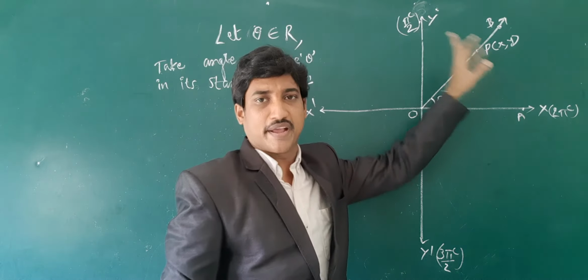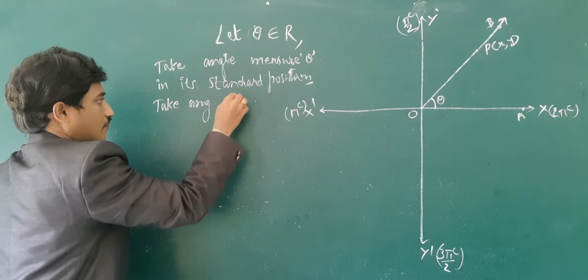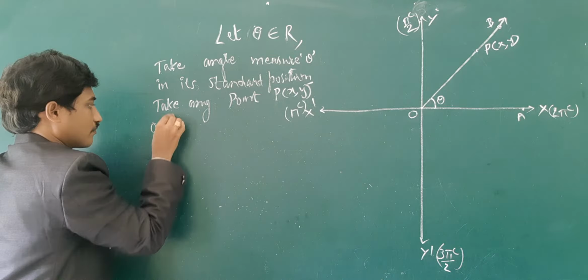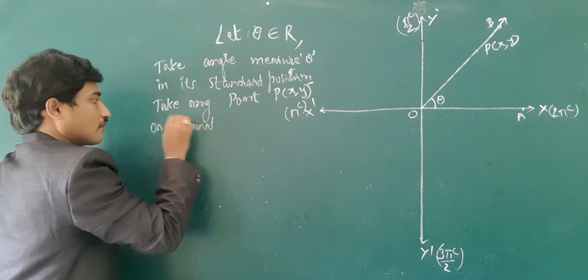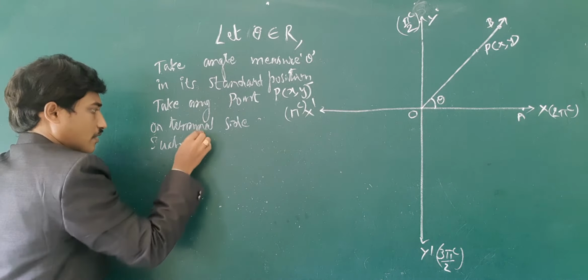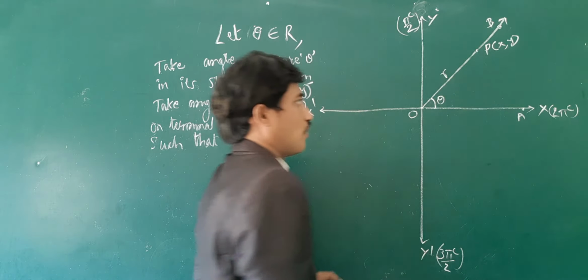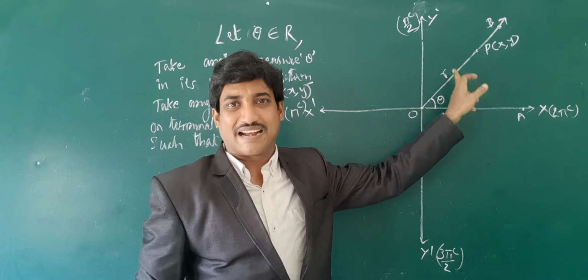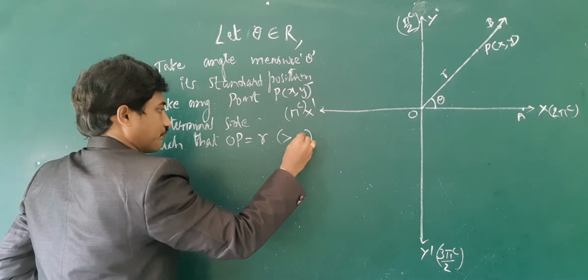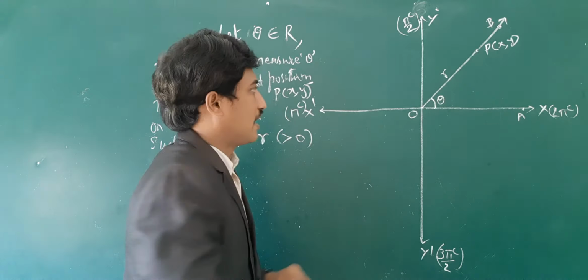Take any point P(x, y) on the terminal side such that the length OP is r, where r is greater than 0. Here OP is the radius, r is the radius. I am drawing a circle.